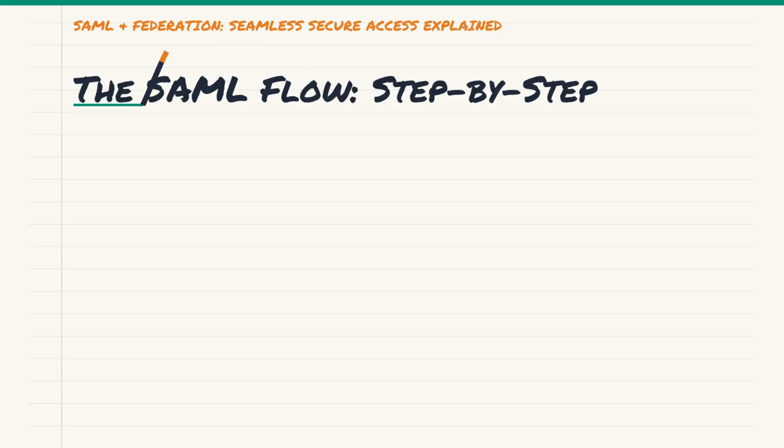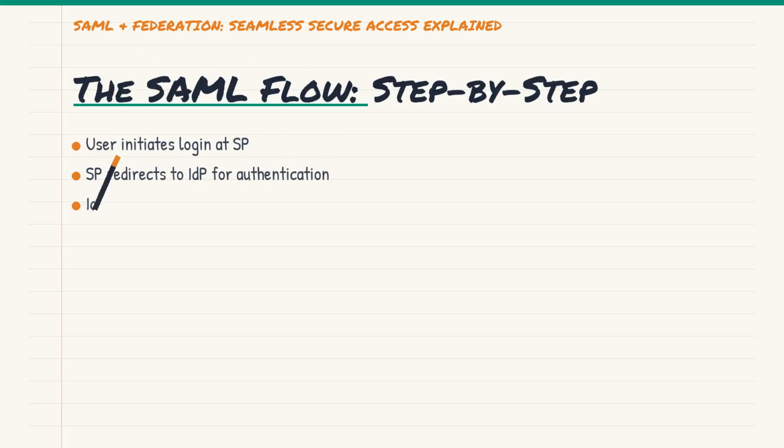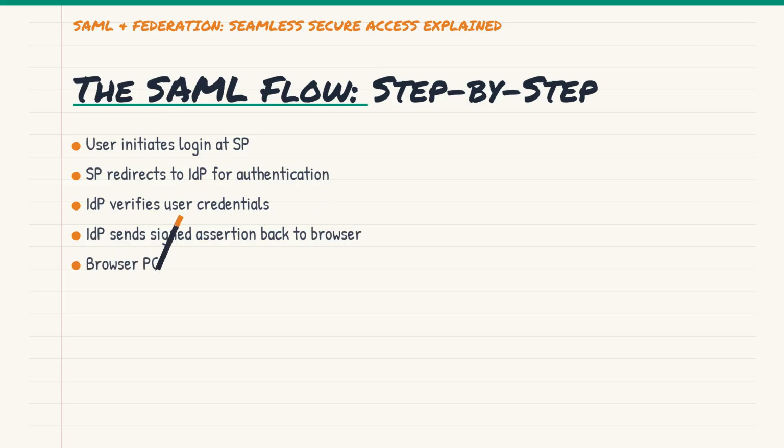Let's trace a typical SAML SSO flow. First, you visit a service provider, SP, and click a Login with SSO button. The SP generates a SAML authentication request and redirects your browser to your identity provider, IdP. You authenticate with the IdP, username, password, MFA, etc. If successful, the IdP generates a SAML assertion and sends it back to your browser, usually via an HTTP POST.